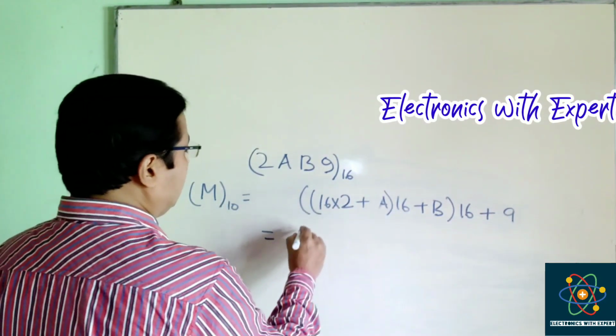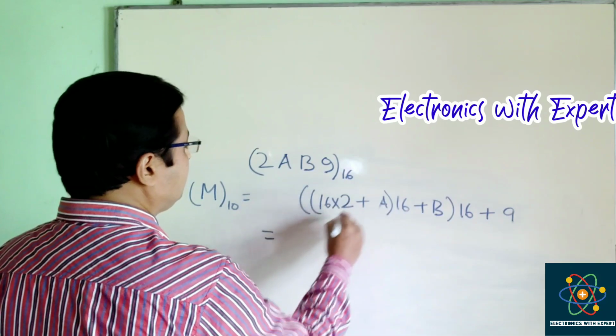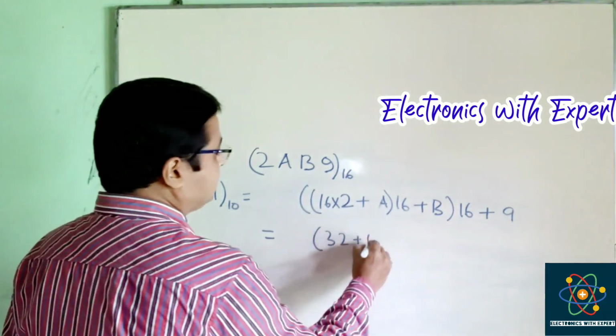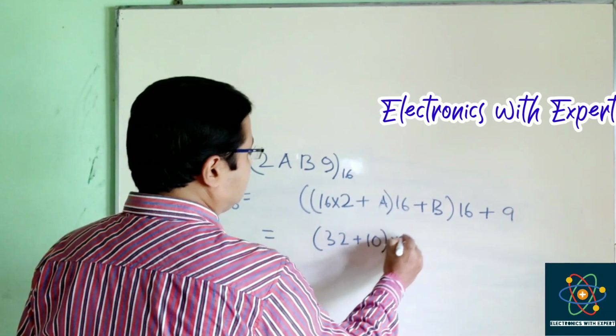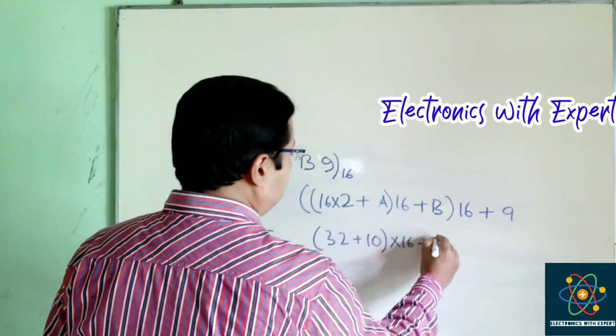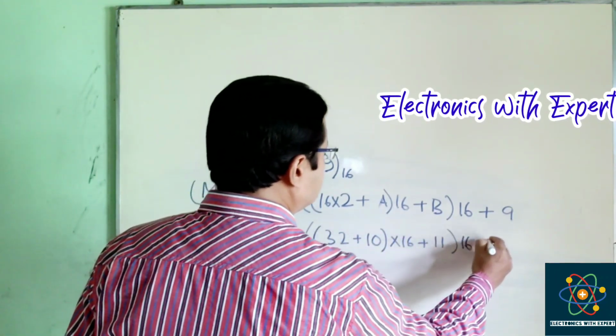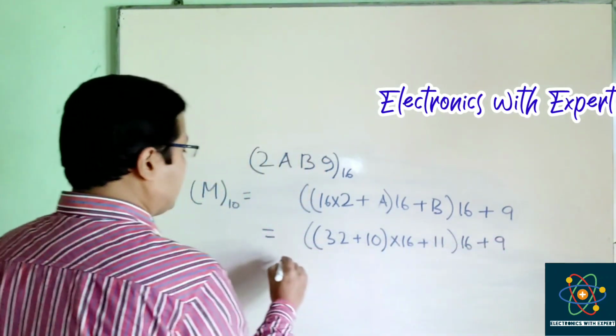Now which is given by 16 into 2, that is 32 plus A means 10, into 16 plus B means 11, which is again multiplied by 16 and then add 9.